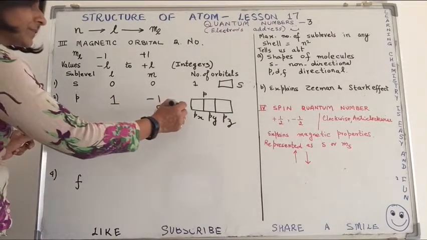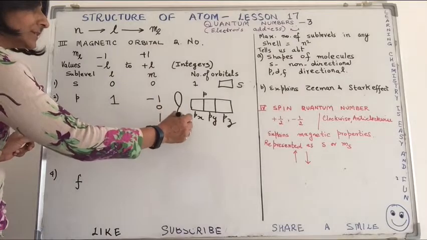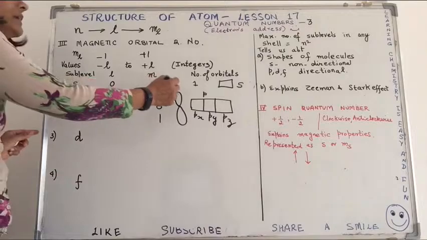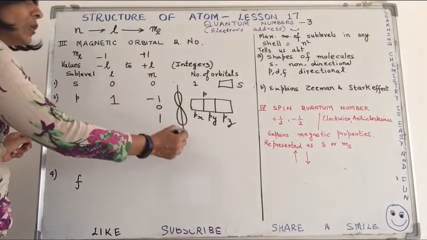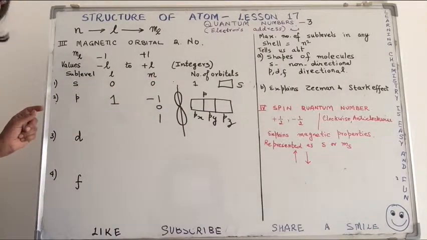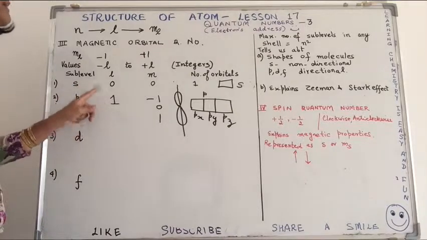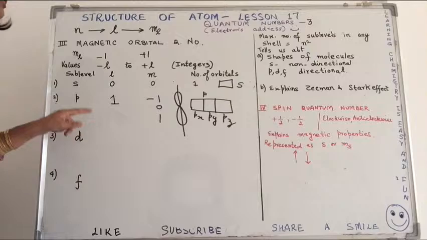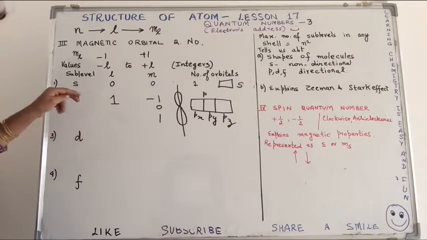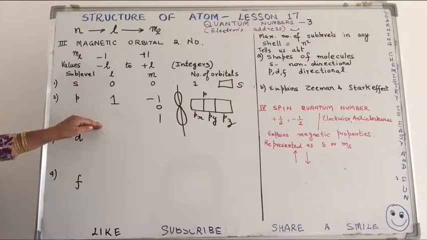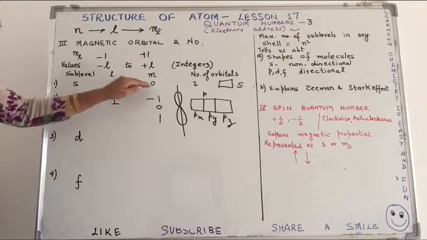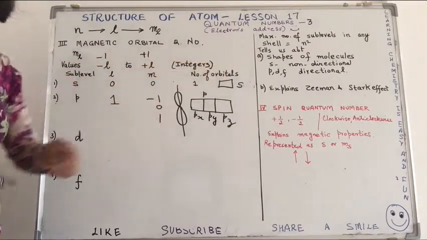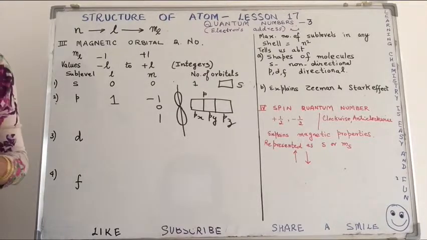If you remember, in the previous video we did the shape of the p orbital. They are aligned along definite axes. Hence this is the quantum number which helps to give the shape or explain the shape of any molecule. Why did we say a similar thing about S? Because S is non-directional.